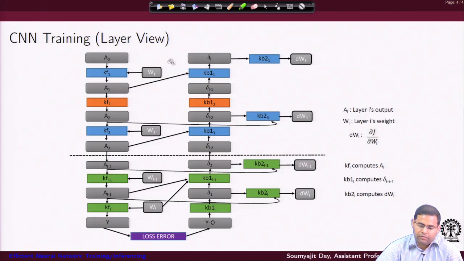So, overall, in a task graph based view of the CNN's forward pass followed by the backward pass, I start with these values of W 1, W 2, W 3 like this for all the layers, and at the end of the backward pass I am successful in computing the derivatives of all these layers' weights. Then of course we will do the obvious thing, which is to update W 1 with W 1 plus d W 1, similarly for the other W's, and then we will do the forward backward traversal again, right.